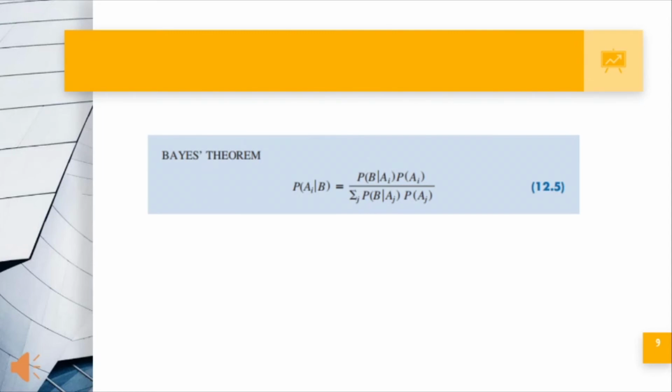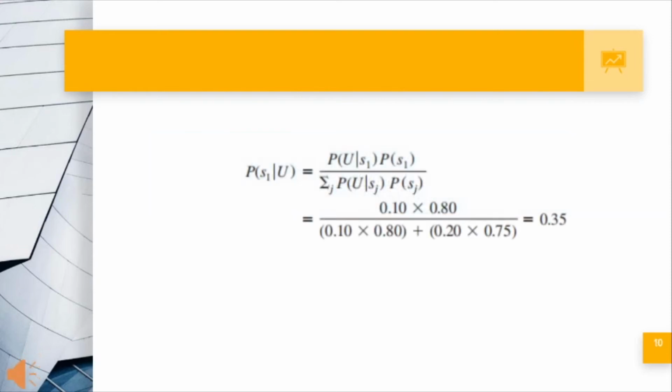To perform the Bayes' theorem calculations for the probability of having the state of nature being strong, given the unfavorable market research report, with equation 12.5, we replace B with U, the unfavorable report, and A with the state of nature being strong in 12.5, so that we have 0.10 times 0.80 divided by 0.10 times 0.80 plus 0.20 times 0.75 is equal to 0.35, which provides the same value as the tabular approach used to generate the values in Table 12.7.